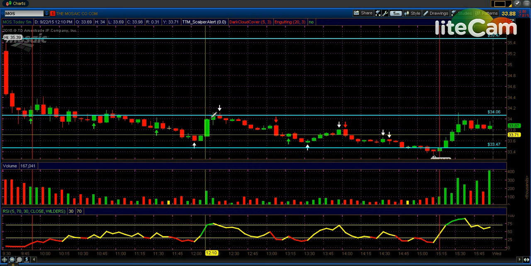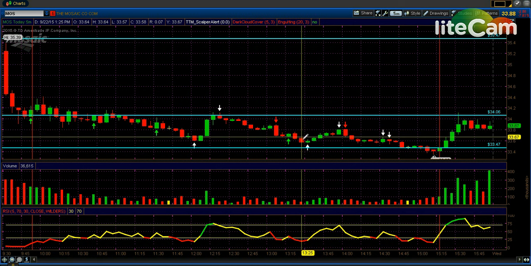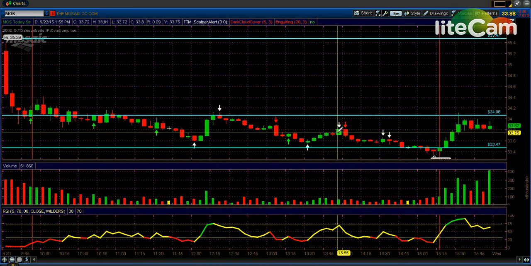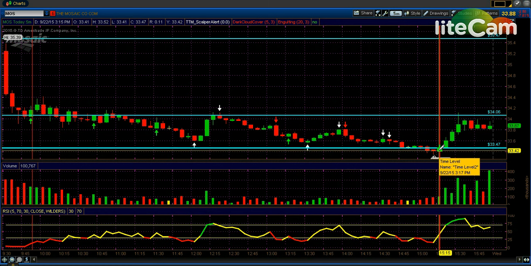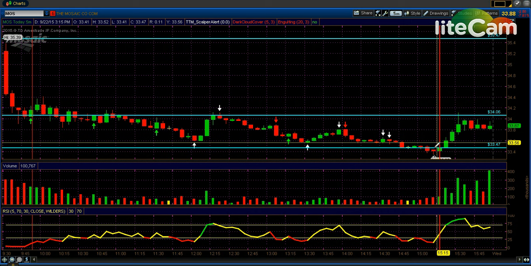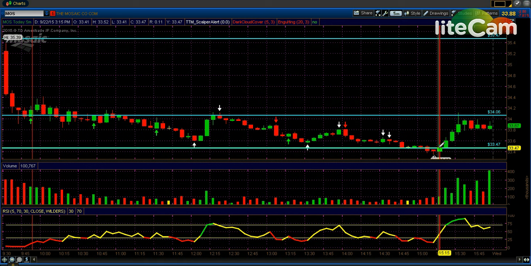It went down, it retraced, again went down, retraced a bit, and then went down from there. I exited the trade at 3:15 Eastern Standard Time, and if you see here, this is the point, the vertical red line, which is the time trend line, and the blue horizontal line, the price trend line.